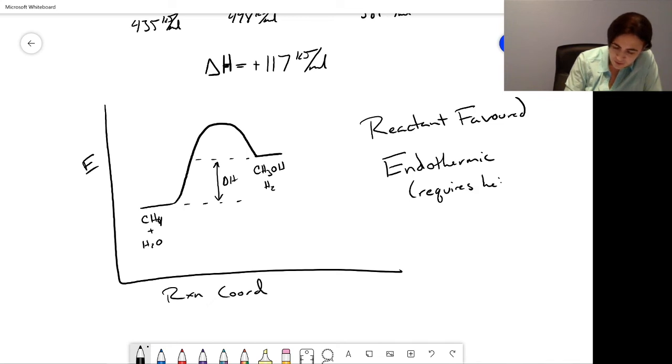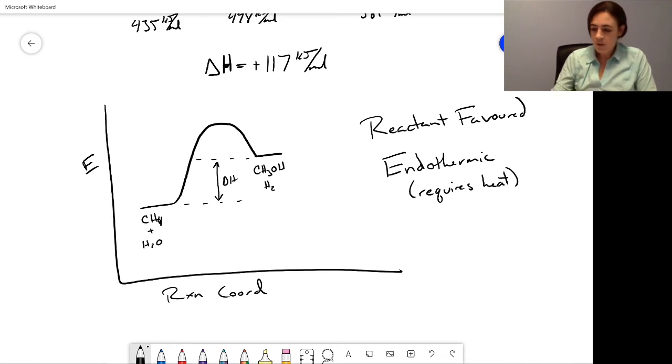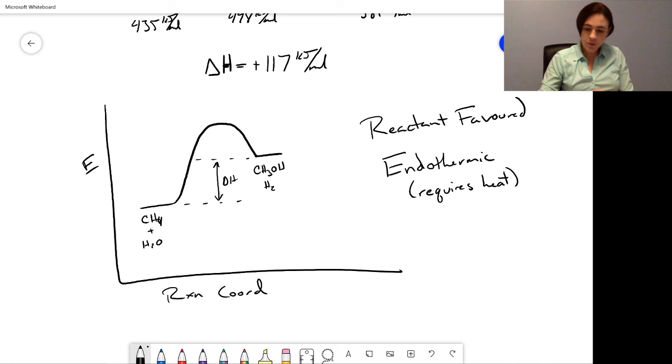You often hear about this in first year as heat as a reagent. All right, so there are the two cases. You have exothermic, which is a spontaneous process that gives off heat, or an endothermic process, which will require heat and will not be spontaneous.